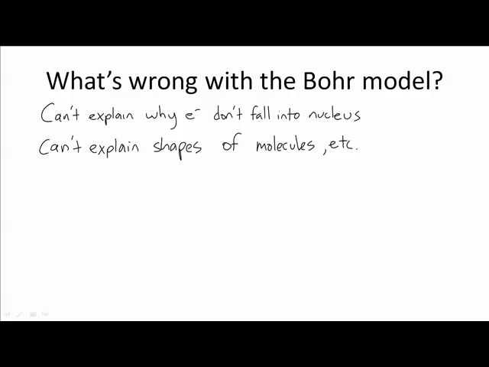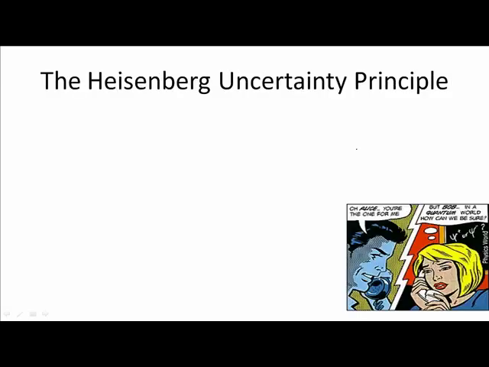And then another big one is actually this deeply theoretical one that I'm just going to introduce the concept. It's not something you really need to understand, but it violates what we call the Heisenberg uncertainty principle. So the Heisenberg uncertainty principle, essentially, Heisenberg showed that you can't actually measure where a particle is and where it's going at the same time with perfect precision.